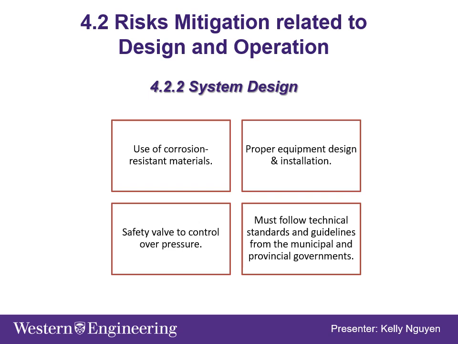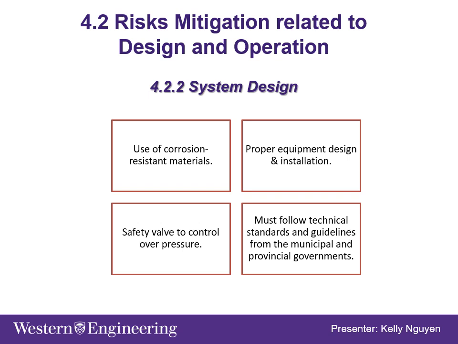Regarding the plant system design, use corrosion resistant material to ensure the system longevity and prevent gas leaks, especially in critical components like piping, as hydrogen sulfide generated can speed up corrosion and cause spills.